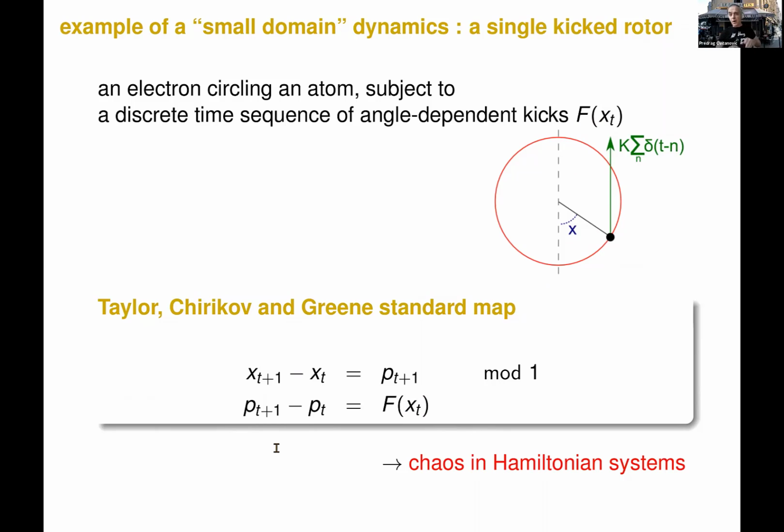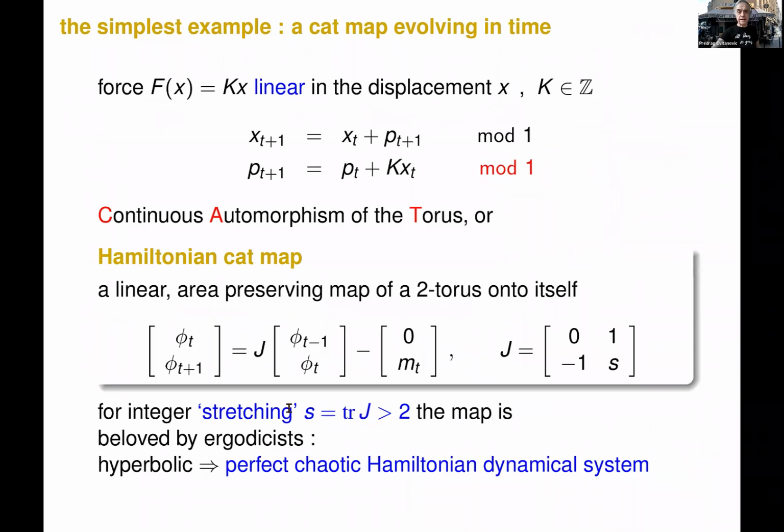And out of this come all these beautiful pictures you have seen about chaos and Hamiltonian systems. Standard map is always the most beautiful illustration, where you see islands of periodicity, KAM tori, stochastic web, hyperbolic things. But let's consider the simplest possible case of it, where the law F is a linear law.